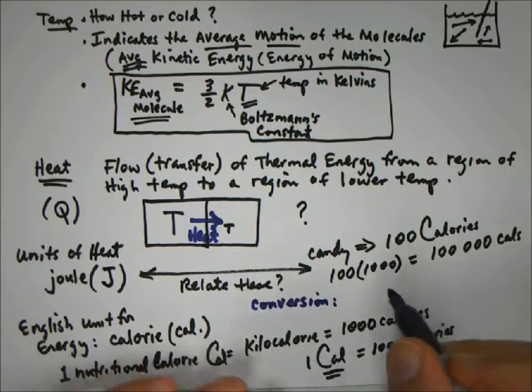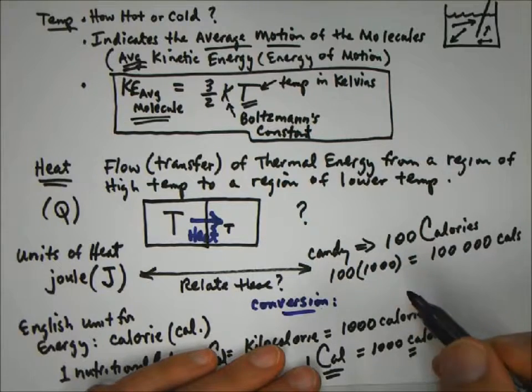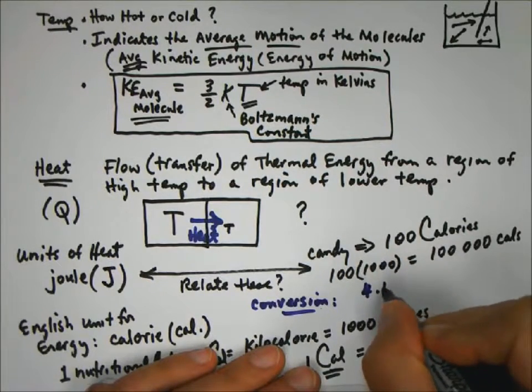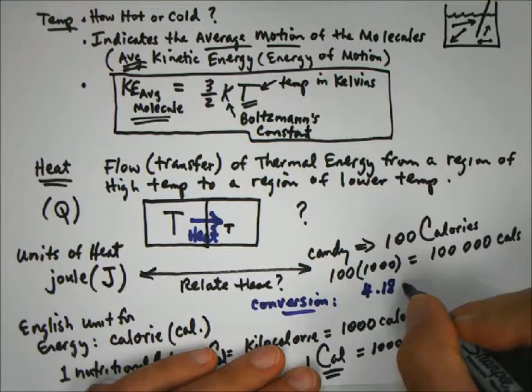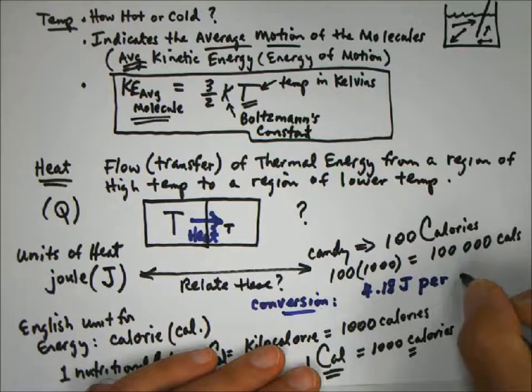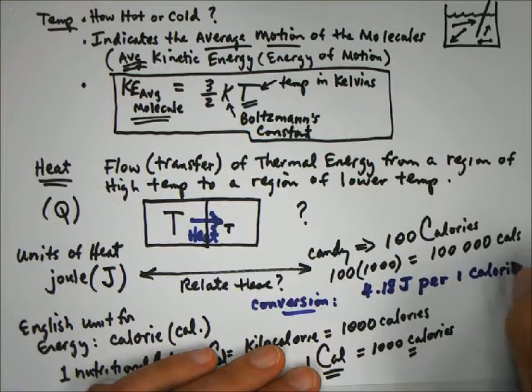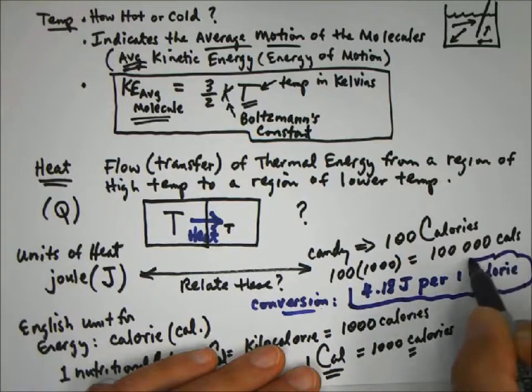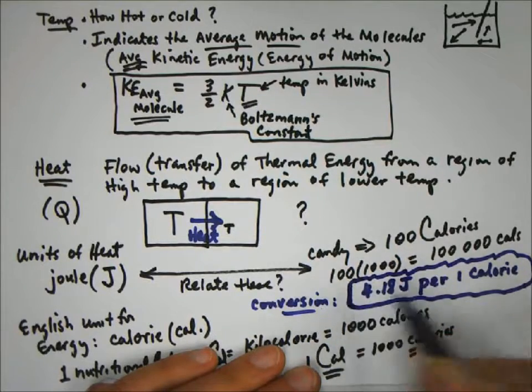It's 4.18 joules per 1 little calorie. This is the conversion. 4.18 joules per 1 calorie.